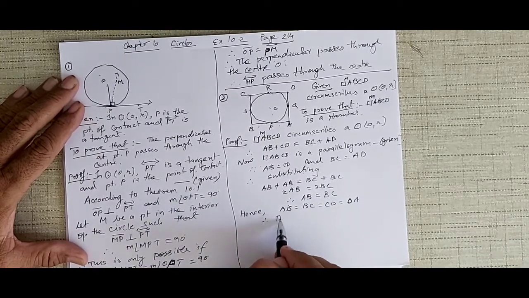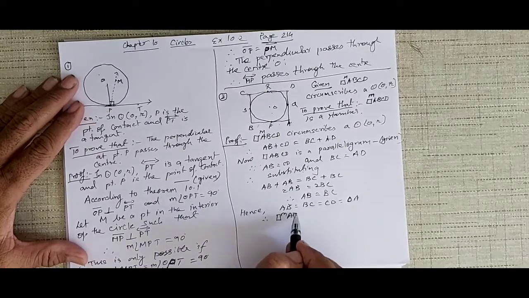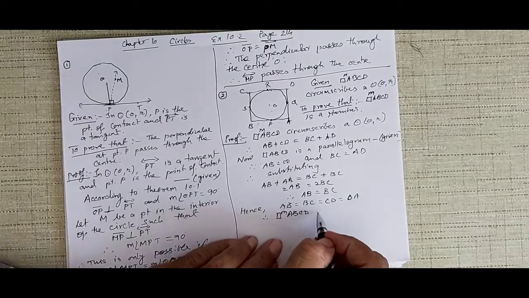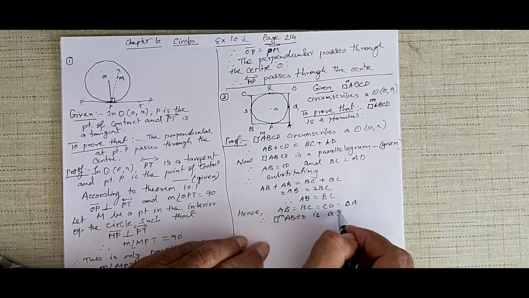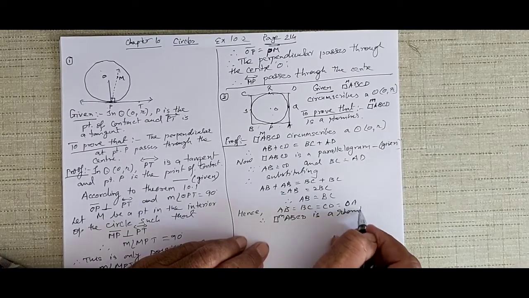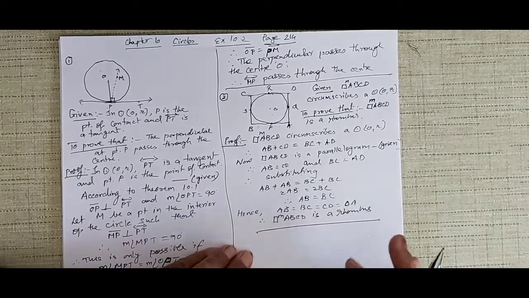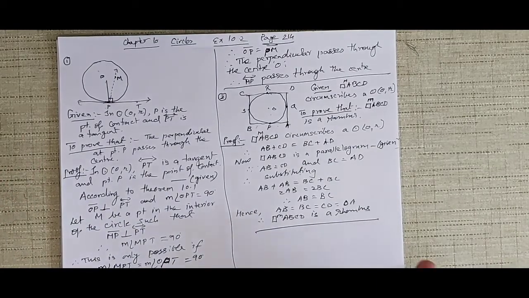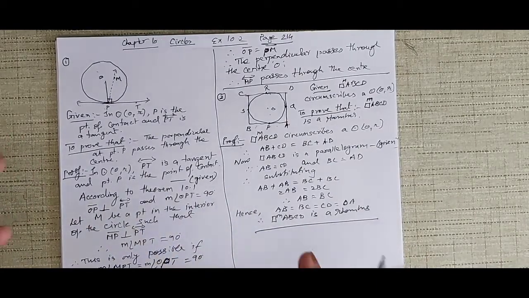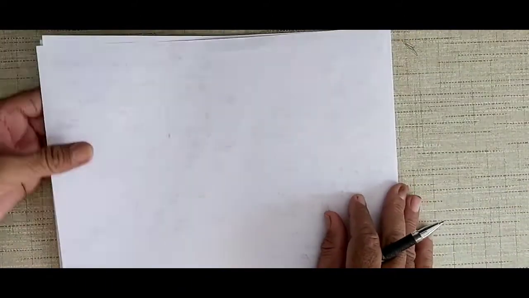Therefore, parallelogram ABCD is a rhombus. Why? Because in a parallelogram, if all four sides are equal, then by definition it is a rhombus. Now let me do one more question where calculations are involved.